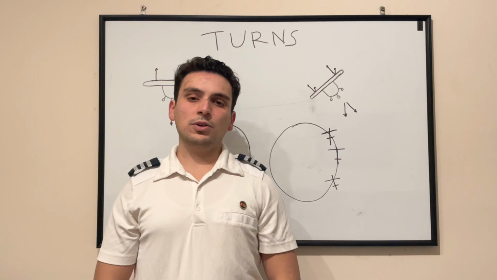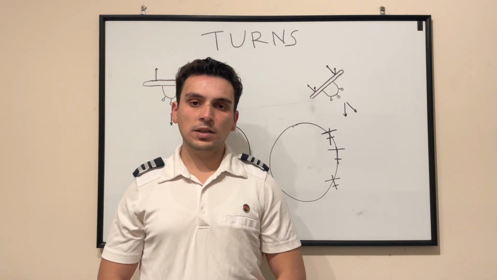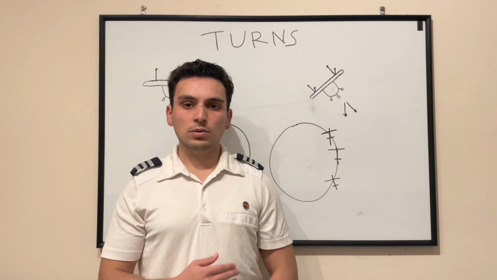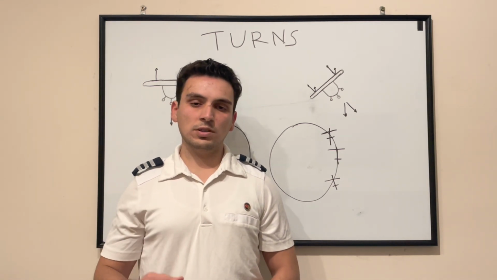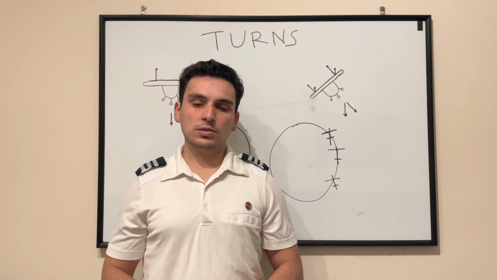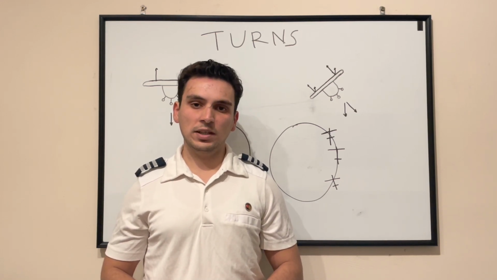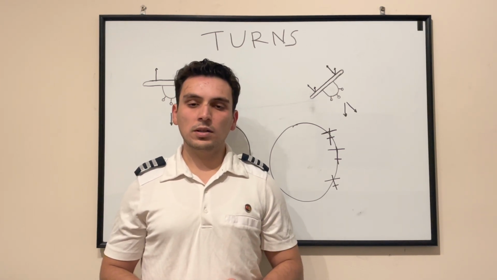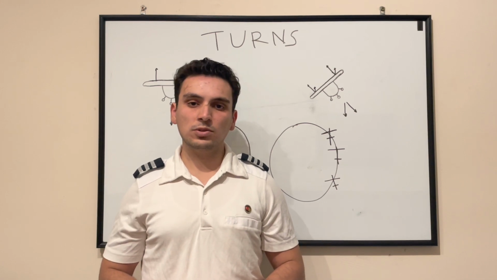At the very beginning of your flight training, you have to pay a decent amount of attention when you look at your turn coordinator and outside of the cockpit to make a coordinated turn. Near the end of your flight training, you must be able to make a coordinated turn, and it should be a natural instinct.